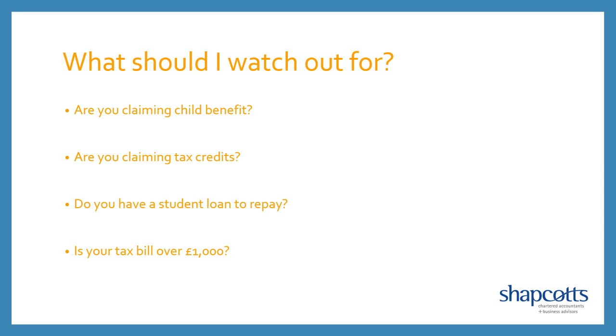So it's not a permanent thing, but if you want to take advantage of claiming such benefits, then you may just need to restrict your income from certain locations, or you may need to look at the split of that income. So if you are a husband and wife team, you may need to make sure that whoever's the lower income earner from other sources is boosted so you maximise the income that you're both receiving.